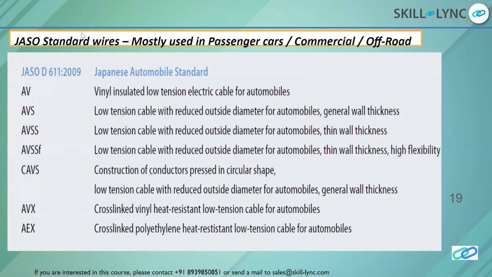The DIN standard wires are used for general road going cars. But JASO standards are mostly preferred in passenger cars along with commercial as well as off-road vehicles. So rugged operation is what we are looking for here. For rugged operations, we are going to use JASO standard wires.